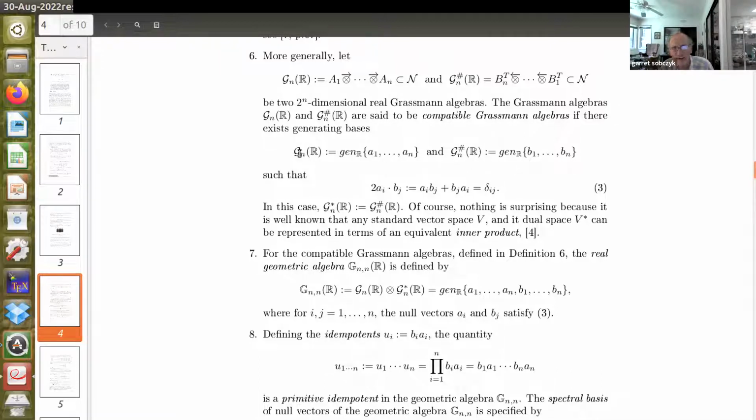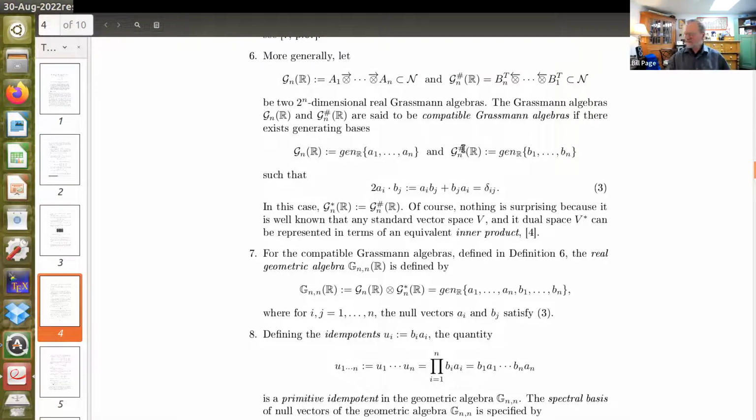This is the geometric algebra, the Grassmann algebra generated by A1 to An. These are 1 vectors in the Grassmann algebra, what I'm calling G_n of R. Now, G_n star, what do you call that symbol, is equal to hash, right?